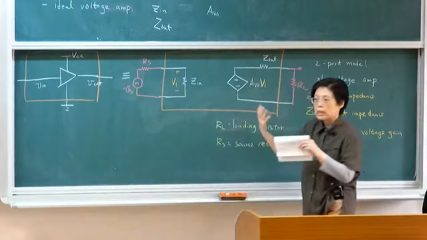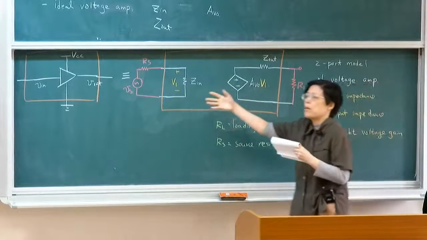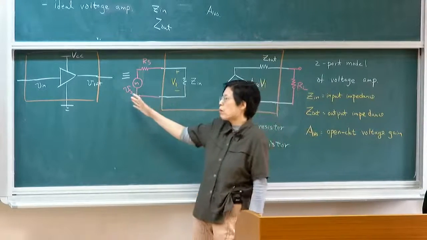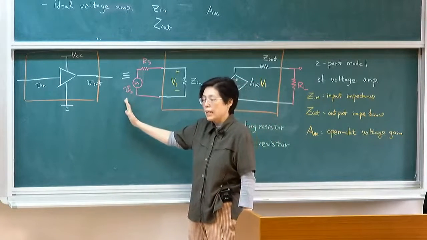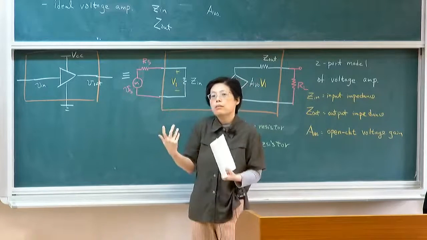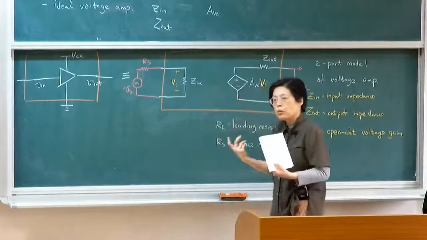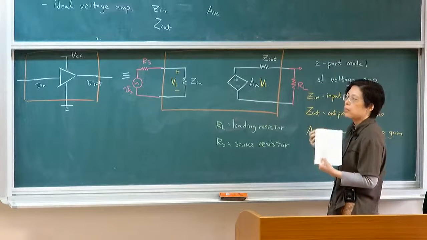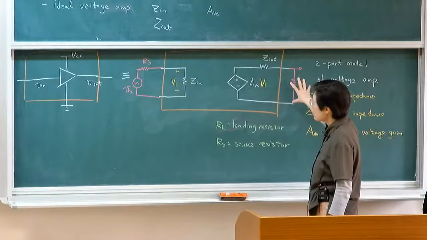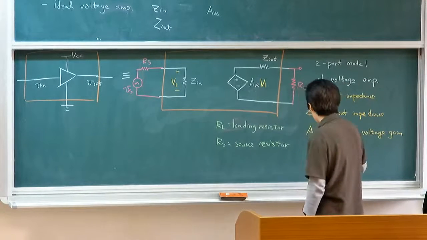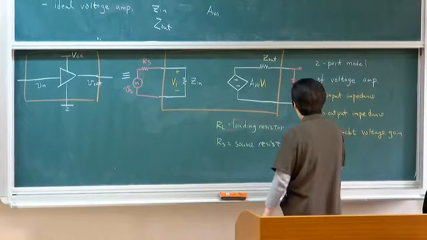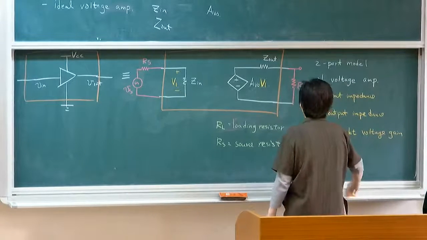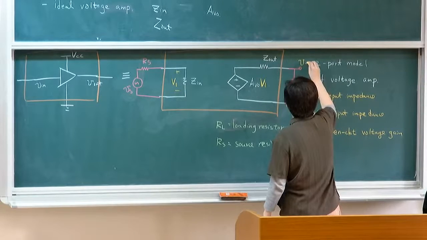You need to take in the signal, and this may be my microphone. A microphone can be modeled as a part that takes in signal, and then there may be a parasitic series source resistance. And here is the loading resistance. So if I actually construct this circuit, this is my V out.